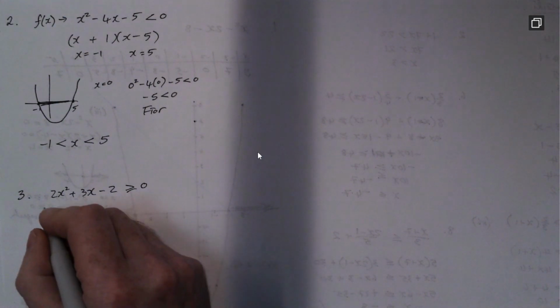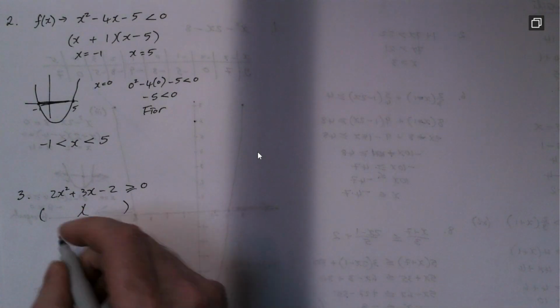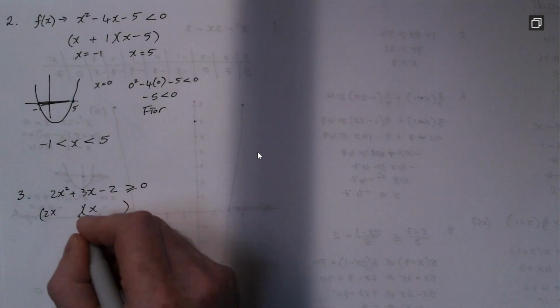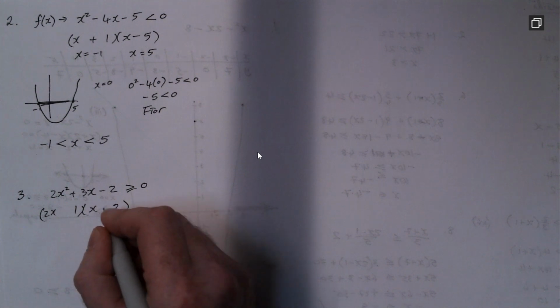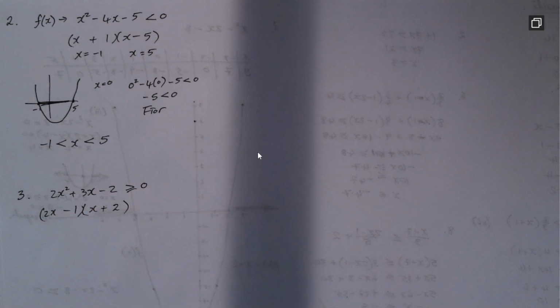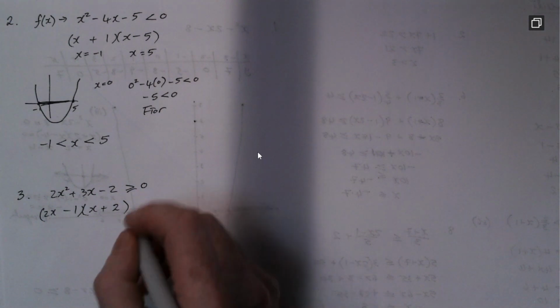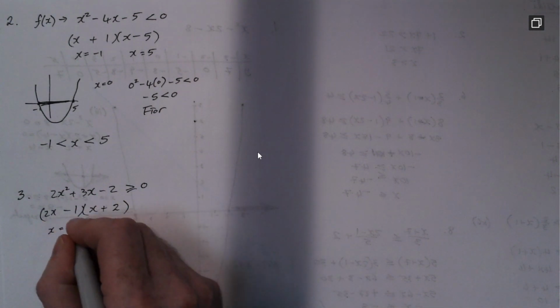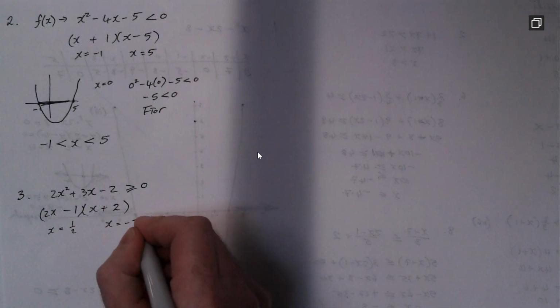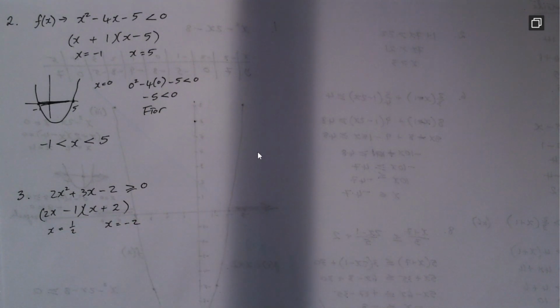So bracket, bracket, bracket, and bracket. So you do 2x, x, two factors giving plus and minus. Okay. So x is greater than or equal to one value or less than the other.